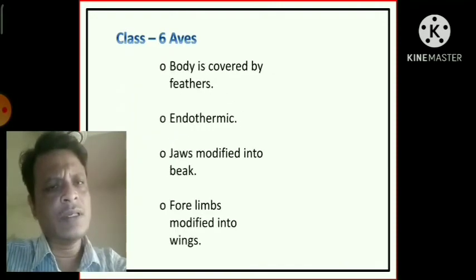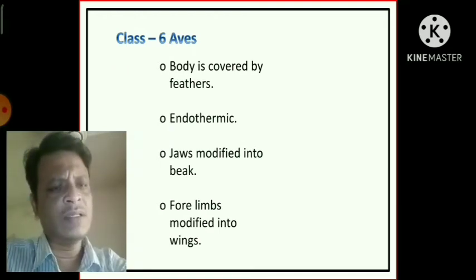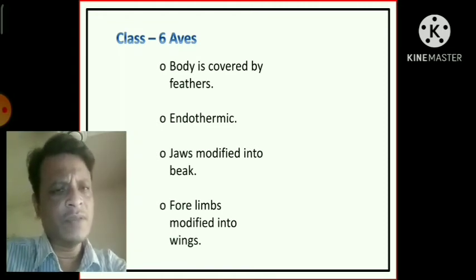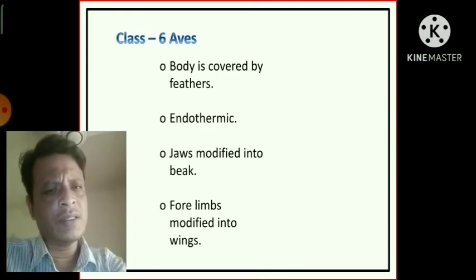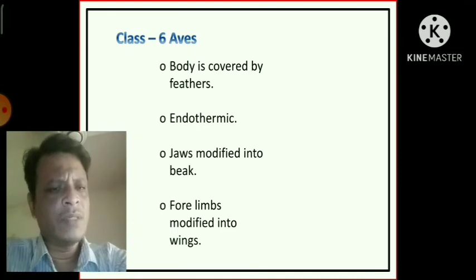Now the class Aves. This is the 6th class. The body is covered with feathers. This is one of the most important characteristic features of Aves. They are endothermic, so the body temperature does not fluctuate depending on the environment temperature. When the environment temperature rises, the body temperature does not rise in respect to the environment temperature.